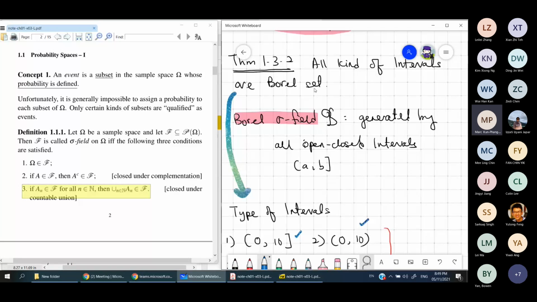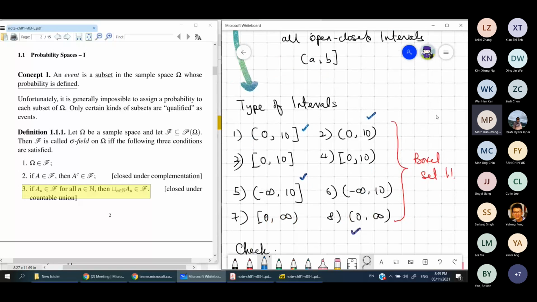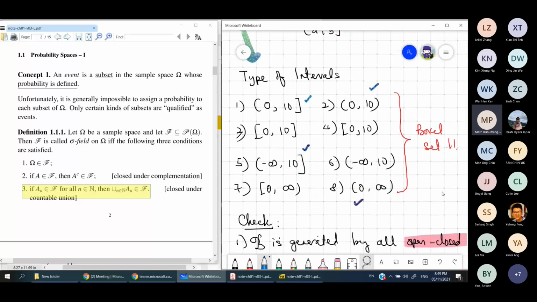So I'm trying to explain how to achieve this statement. Then I understand that your explanation in number 2 says that you've shown that 0 to 10 is an event, but can we then also conclude that it is a Borel set?